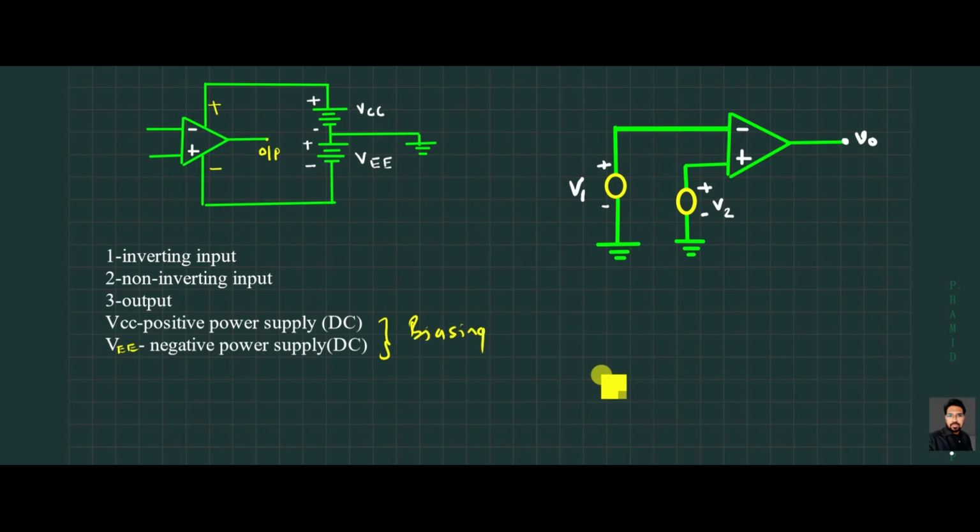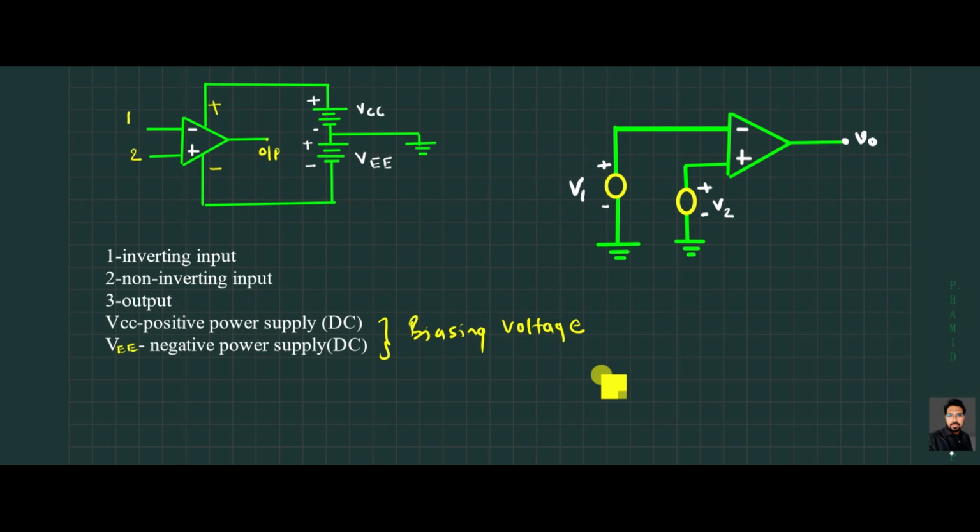These are not inputs, these are the bias voltages. Where we apply inputs, at point 1 and point 2, are called the inverting input and the non-inverting input. At point 3 we are taking the output. These are the actual AC inputs, V1 and V2, applied here.